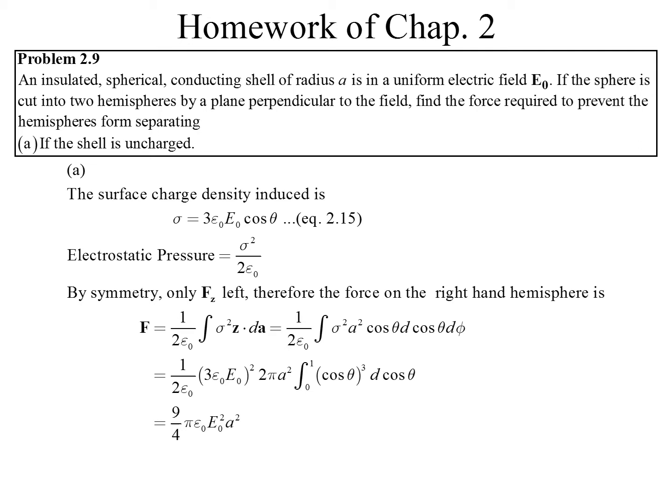And finally, you can calculate that F equals Fz equals 9/4 times pi times epsilon 0 times electric field squared times a squared.